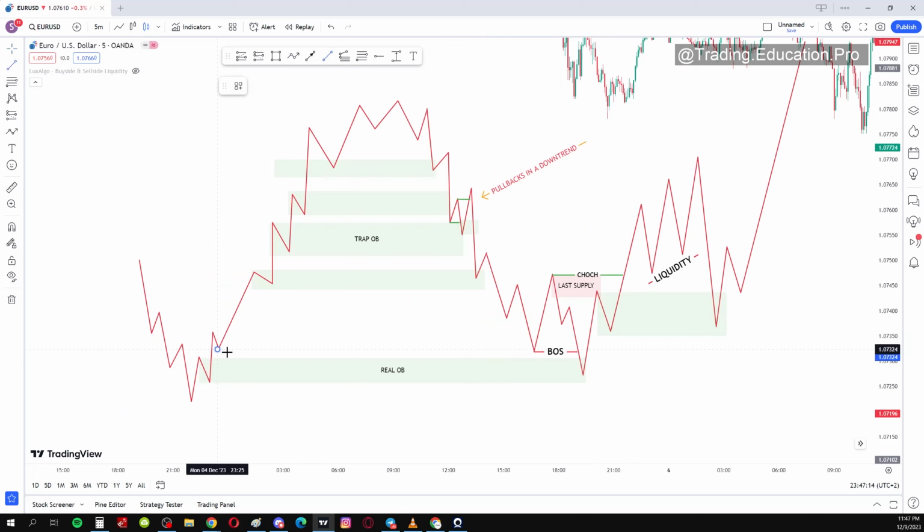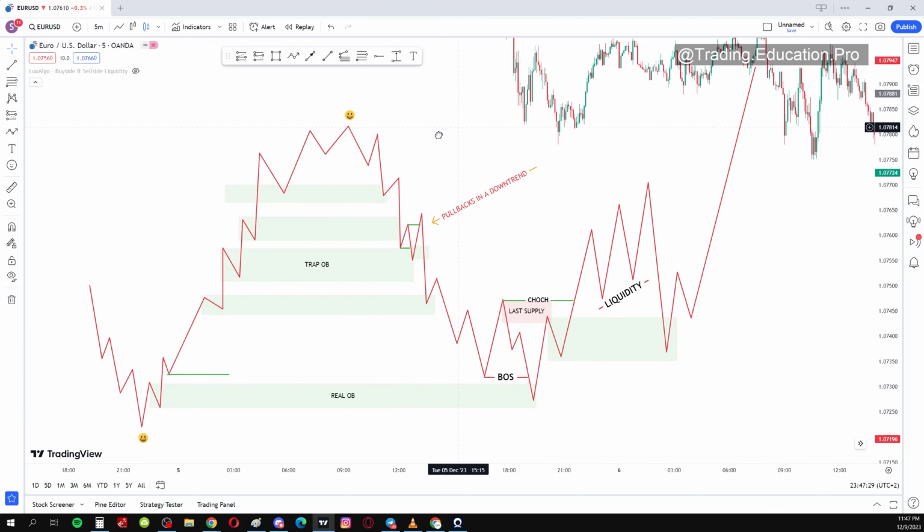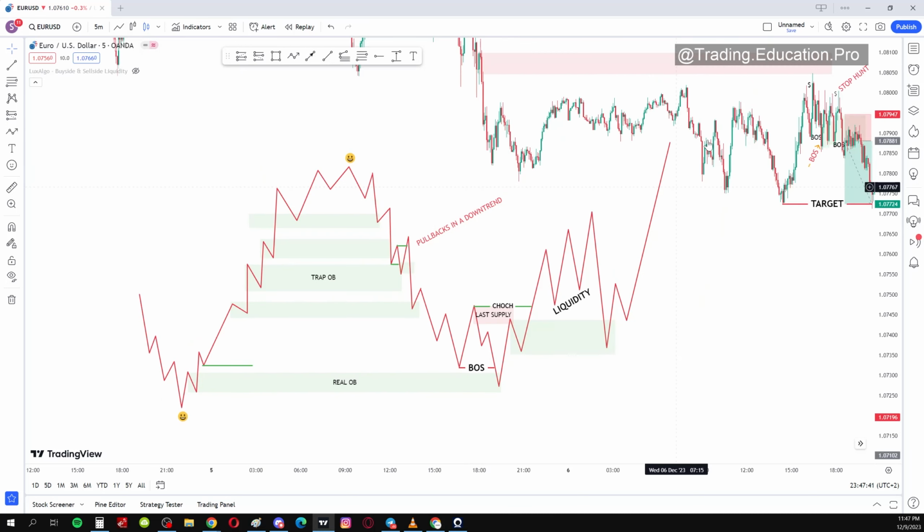So this is the last liquidity inside of this range. Our range is from here to here in an uptrend. Okay, so I got lower low, higher high, higher low, higher high. So just basic structure.